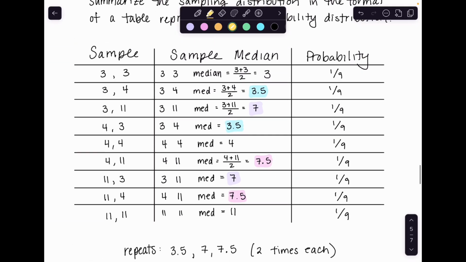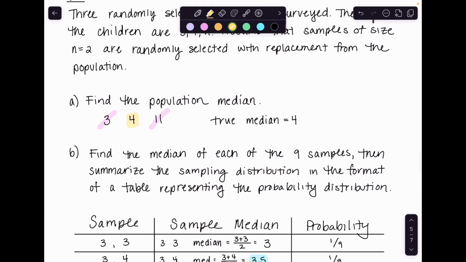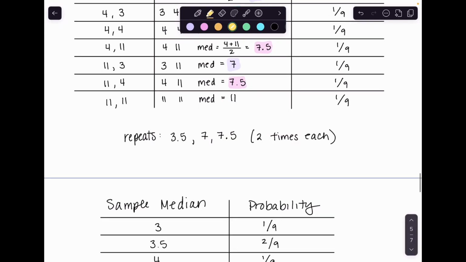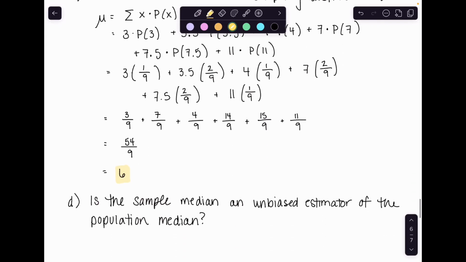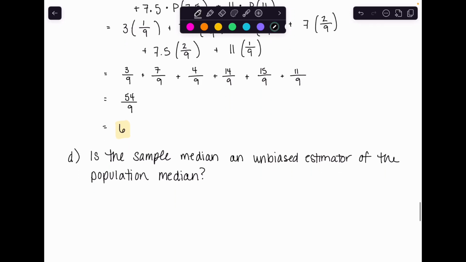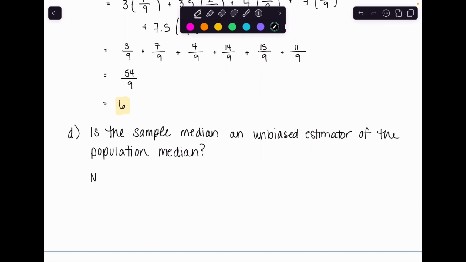But unfortunately, that is not the true median way back up here, which is 4. So when we ask, is the sample median an unbiased estimator of the population median, the answer here is going to be no. The sample median is not actually equal to the population median.